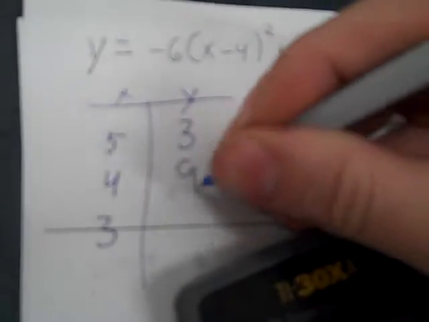Okay, now negative 6 times parentheses 3 minus 4, close it, to the second power, plus 9. Okay, that gives me 3.